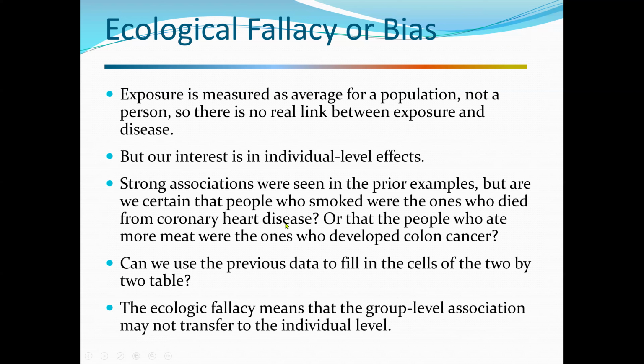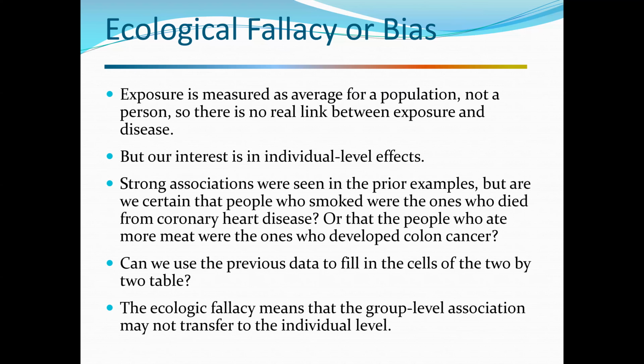We did a study in the US, looking at all 50 states, and we find the average cigarette consumption in each state. Our goal is to determine: if average consumption of cigarettes for a state is high, will coronary heart disease also be high in that state?